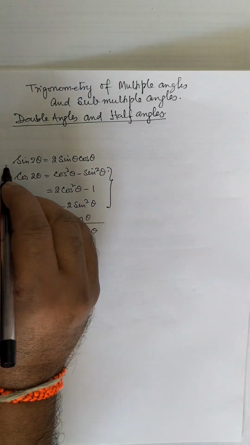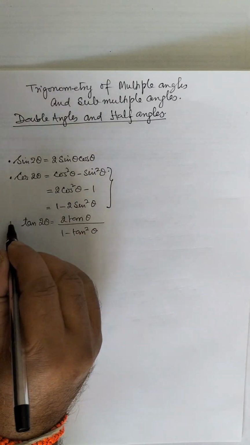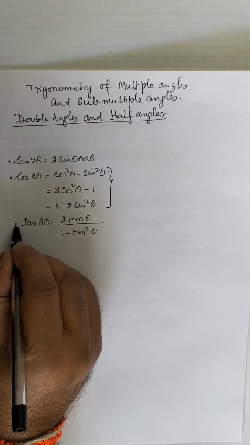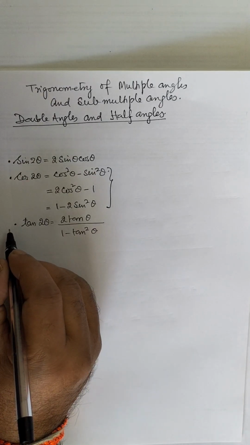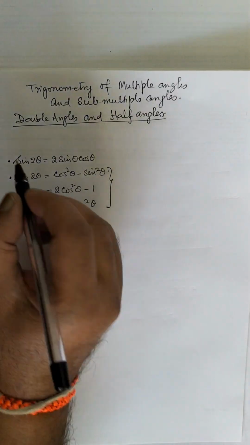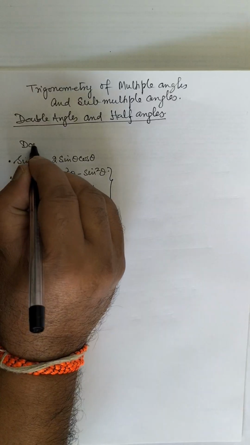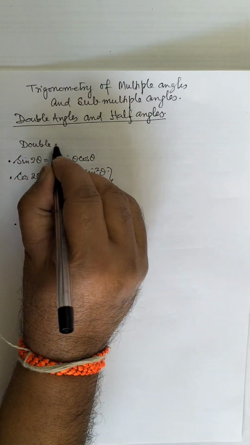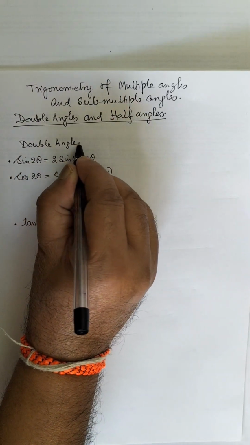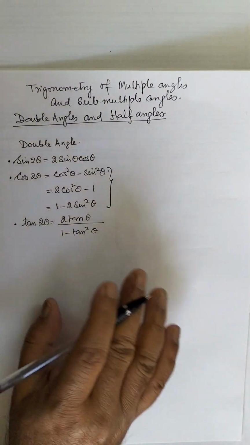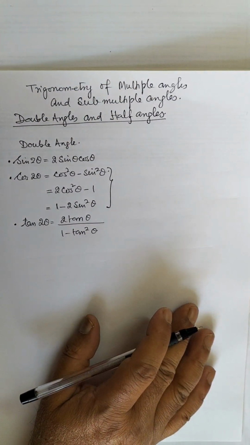So these are three fundamental or basic formulas for multiple angles, or you can call them double angles. Similarly, we can have triple angles also and multiple angles.